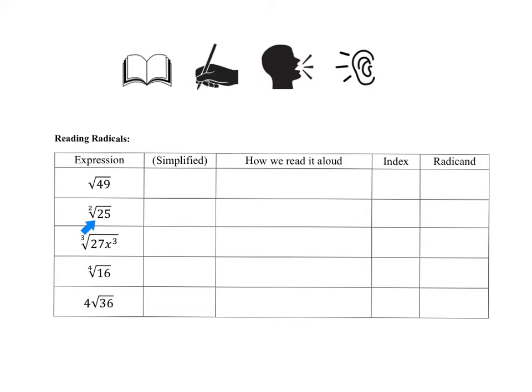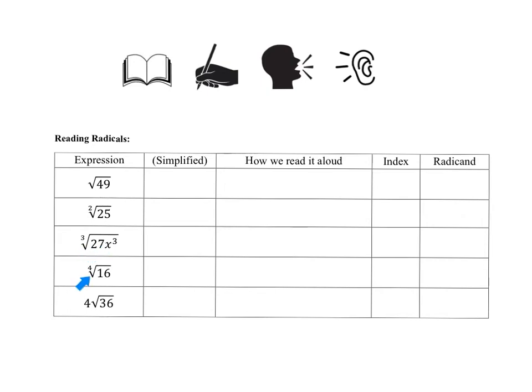Then we have the square root of 25. This simplifies to 5. Its index is 2, which is an optional thing to write in, and its radicand is 25. We have the cube root of 27x cubed. This simplifies to 3x because that is the expression that we would have to cube in order to get 27x cubed.